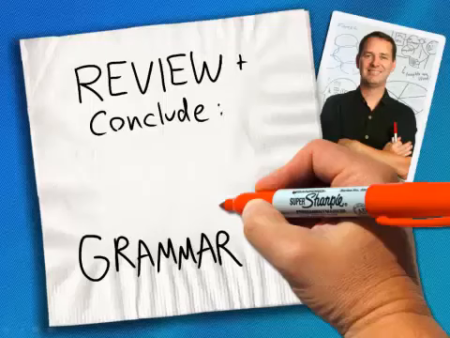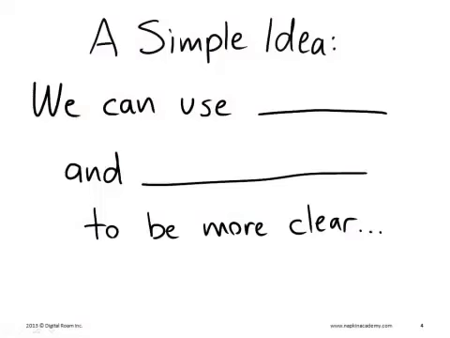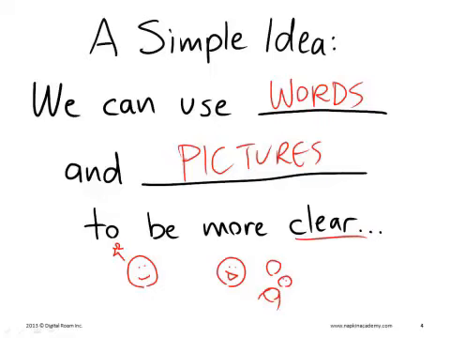Let's go ahead and do a review and conclusion of our section on vivid grammar. The simple idea that we've been talking about for these last many lessons is that we can use words and pictures to be more clear in our own mind if we're thinking about something, and we can use them to be much more clear if we're sharing that idea with other people as well.